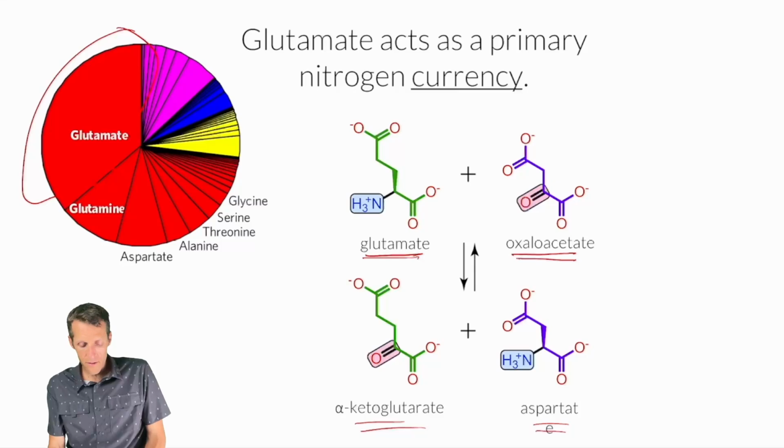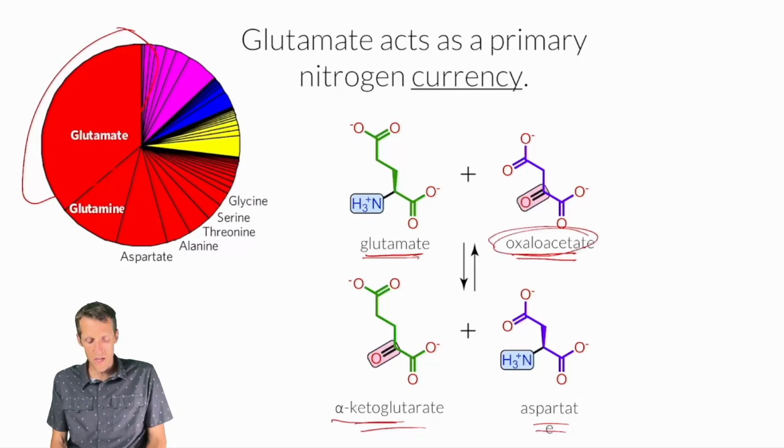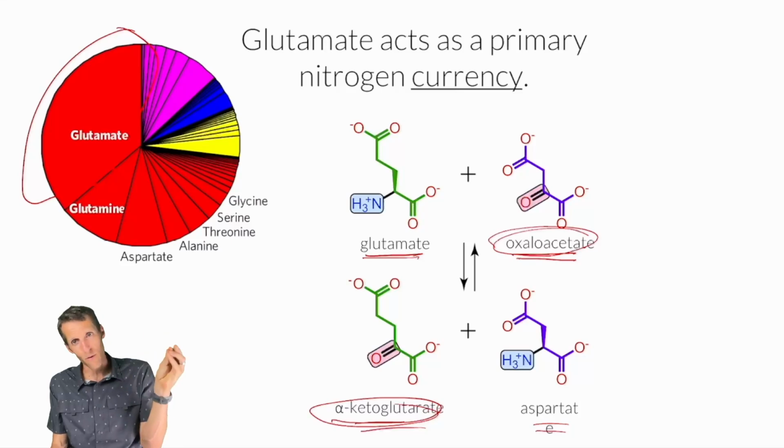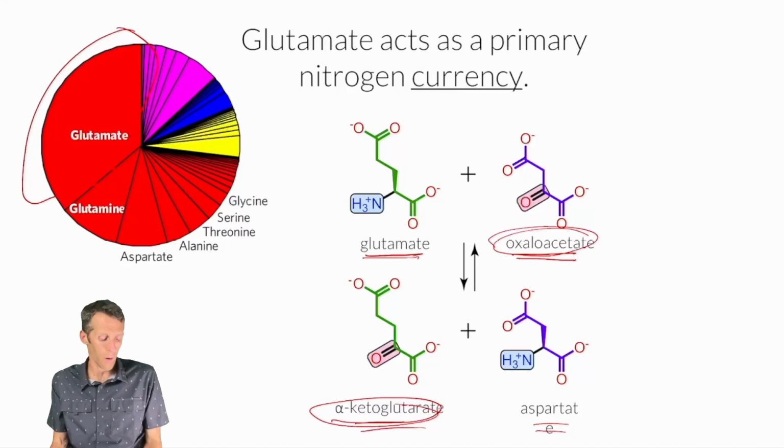But what's cool about that is we are basically exchanging between two central carbon intermediates, right? Oxaloacetate happens inside of the citric acid cycle at the top, right before you get citrate in. Alpha-ketoglutarate happens down at the bottom after you've kicked off the two carbon dioxides from citrate.